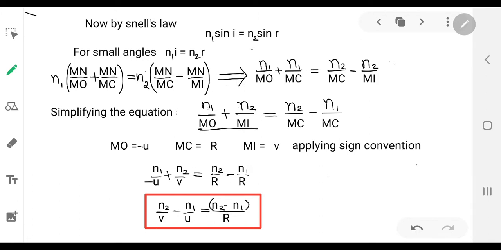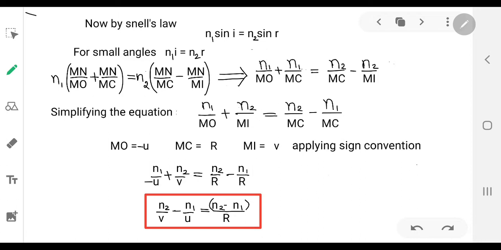See, what is the equation? N1 divided by BO, where N1 is the refractive index of the medium where the object is placed, divided by object distance, plus N2, the refractive index of the medium where the image is formed, divided by image distance, equal to N2 minus N1, the difference between the refractive indices of the two media, divided by the radius of curvature of that refracting surface.